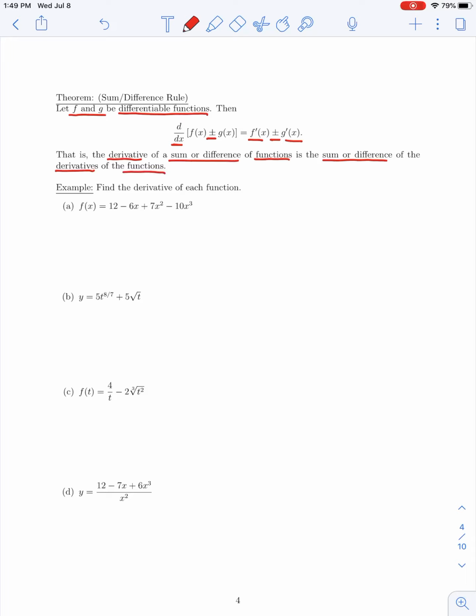So this is frequently used when we're differentiating polynomials or sums or differences of power functions. So as an example, in part A, we have f of x is this polynomial.